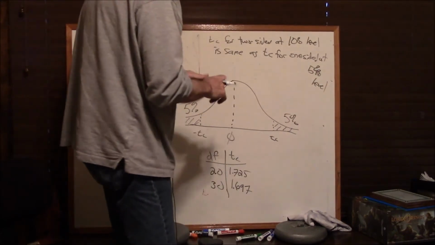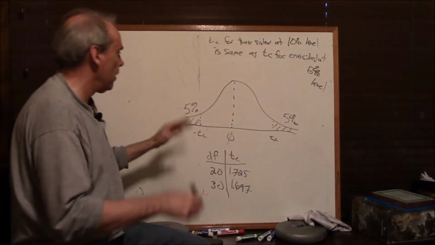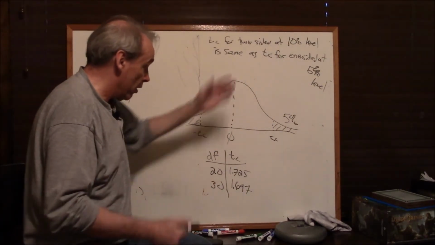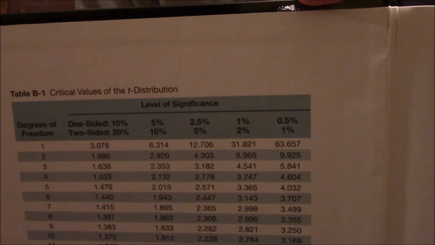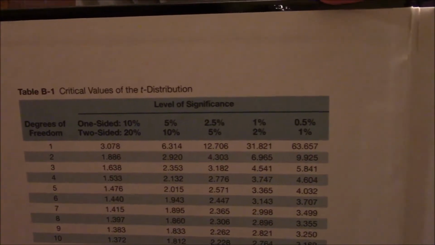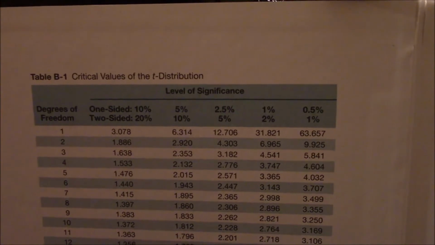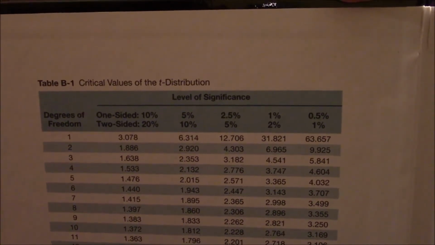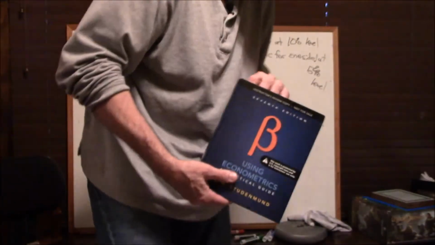So the critical t-values for a two-sided test at the 10% level are the exact same ones you would have had for a one-sided test at the 5% level. Now look back at the table again. Notice that on the two-sided 10% level, look what's right above it, one-sided 5%. Those are the same numbers. So the numbers you would use for a one-sided 5% are the same as the numbers you would use for a two-sided 10%, right? Great stuff, great stuff.